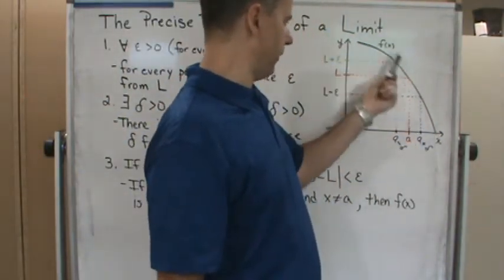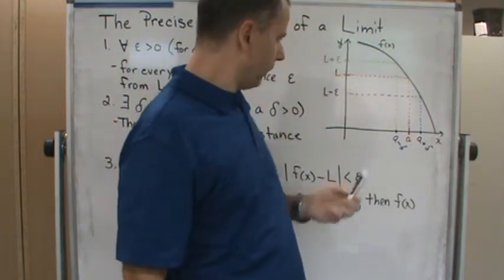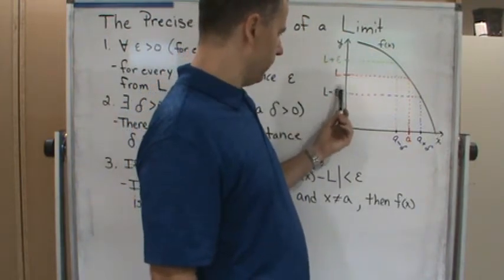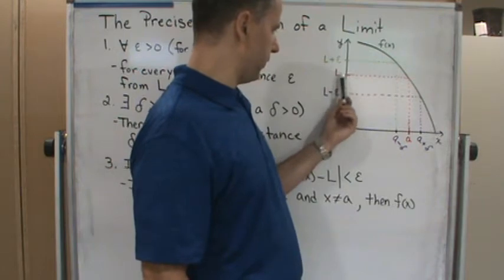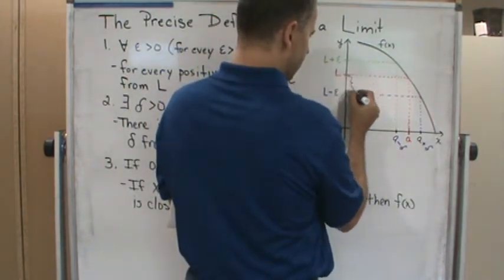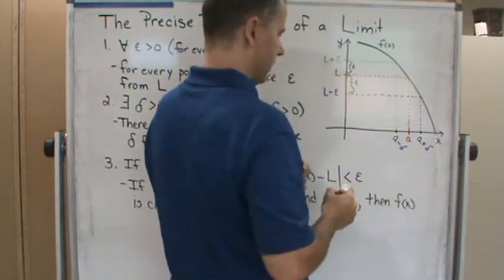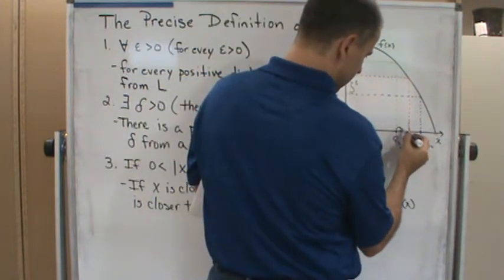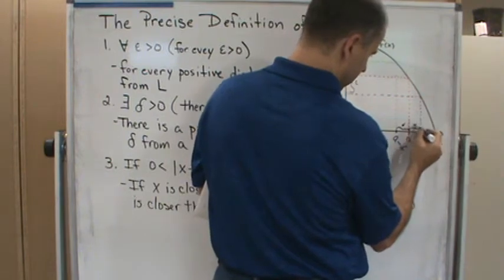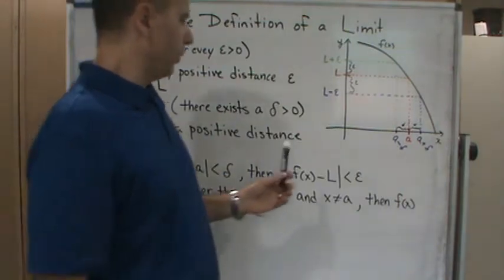So I got this curve f of x, and what we're saying is, hey, if I choose any epsilon from the limit, so if I'm within a certain epsilon from the limit, let's say this distance here is epsilon, and this distance here is epsilon, and then likewise this distance from A is delta, and this distance here is delta. Okay?